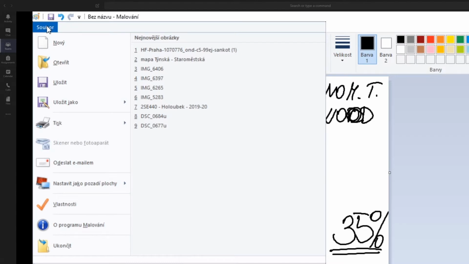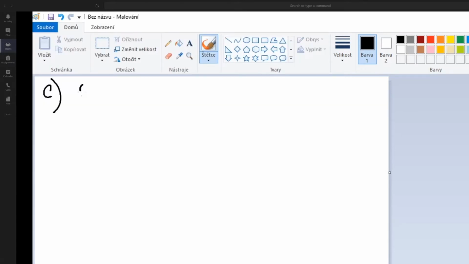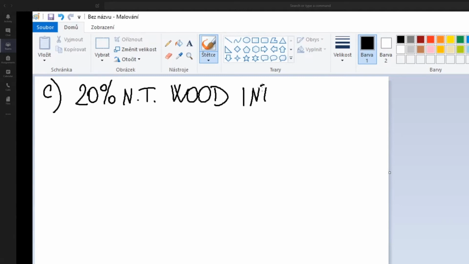It is the situation C. Let's have now only 20% nominal tariff in the wood industry. What does it mean? There is no protection for furniture producers. So all domestic producers must be able to produce the table at the world price 6,000.